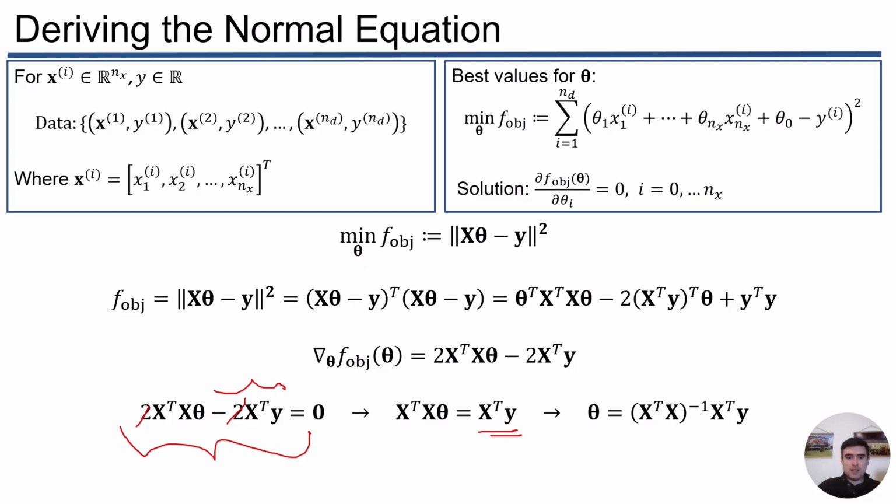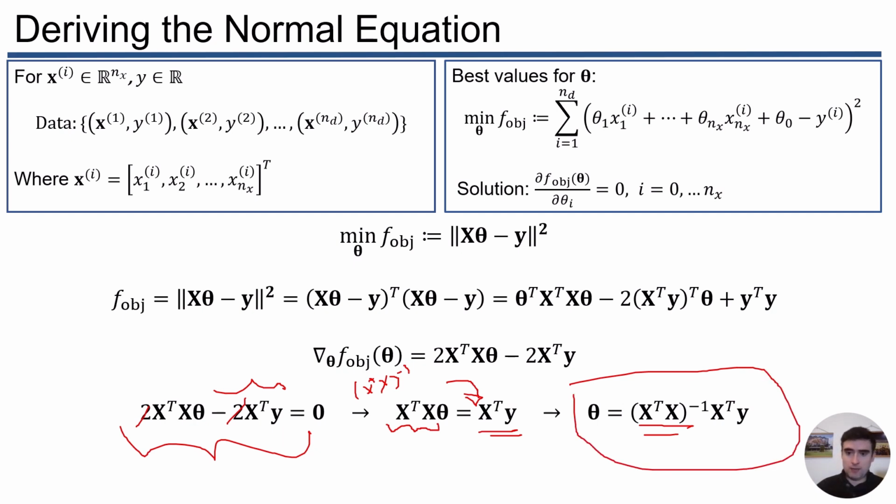And then I simply need to pass this term to the other side. So therefore, to take it away, I need to multiply it on the left by x transpose x inverse, so that I can take both away. And I need to multiply also the other side by the same term. That's why we end up here. And therefore, with this, we end up with the same expression that we said before.